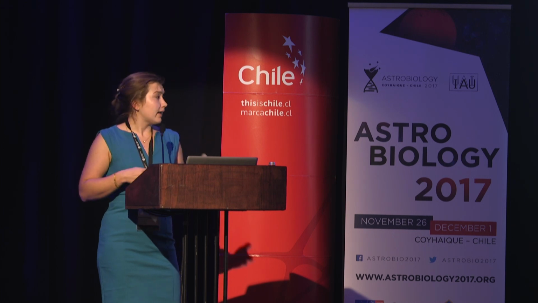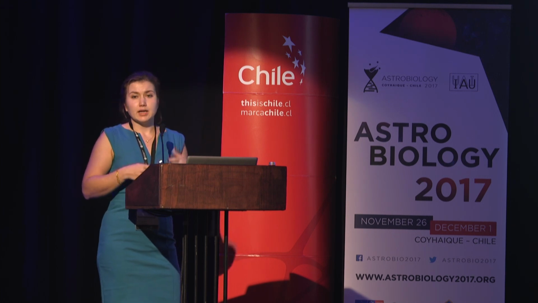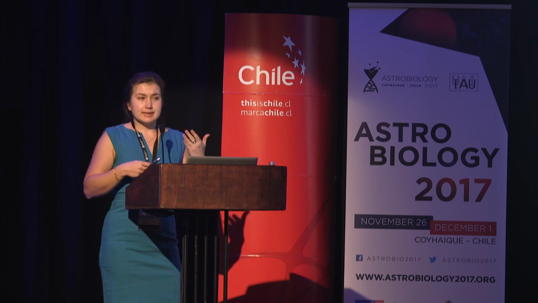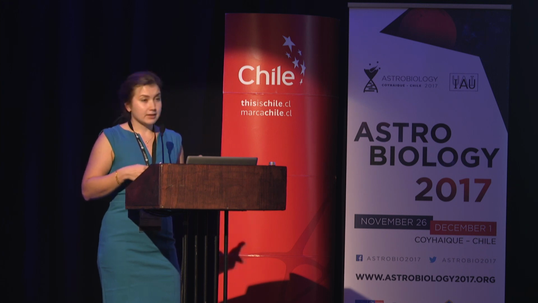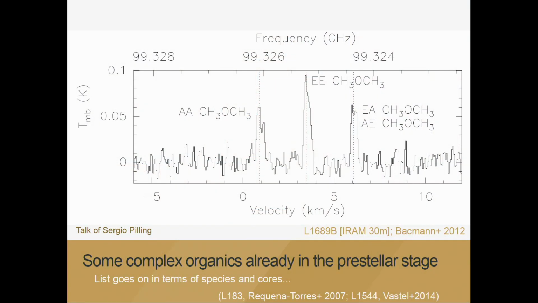However, the story is more complicated, and observations have shown that even in these earliest phases, you do find complex organics as well, and not just the simple water, CO, and CO2. Just as an example, in L1689, we're seeing some dimethyl ether lines.